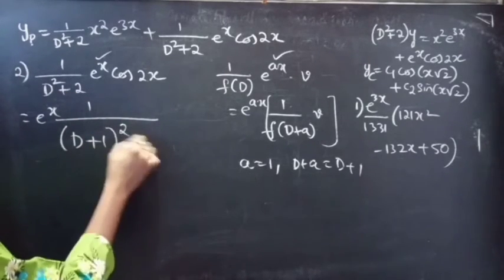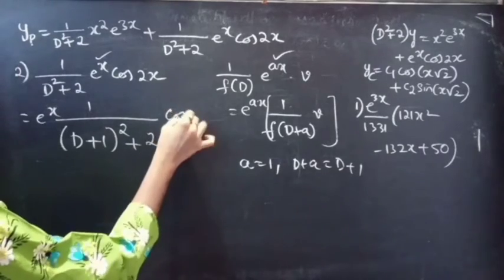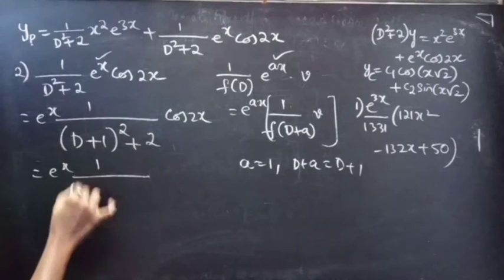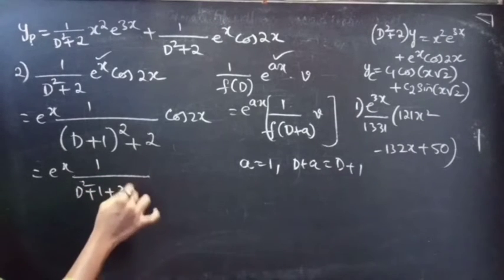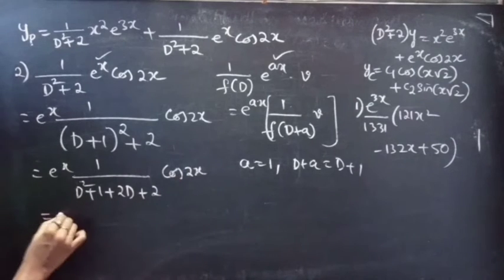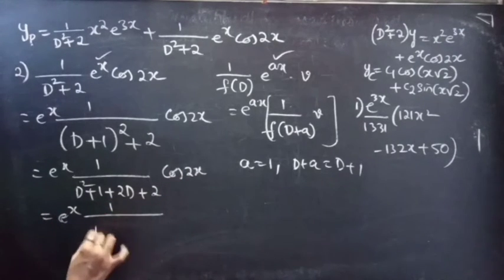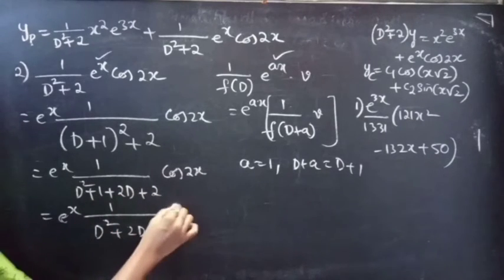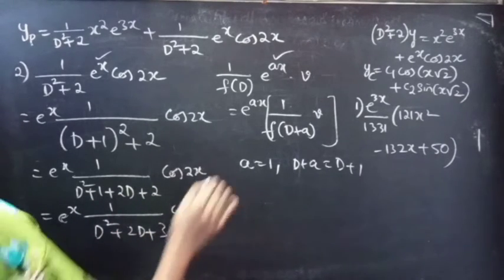You'll get d plus 1 whole square plus 2 into cos 2x, which is equals to e power x into 1 by d square plus 1 plus 2d plus 2 into cos 2x. This is equals to e power x into 1 by d square plus 2d plus 1 plus 2 is 3 into cos 2x. Right?